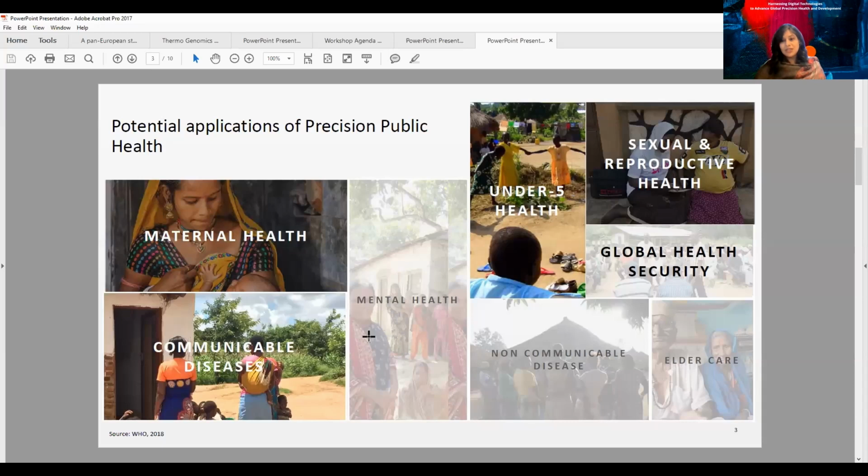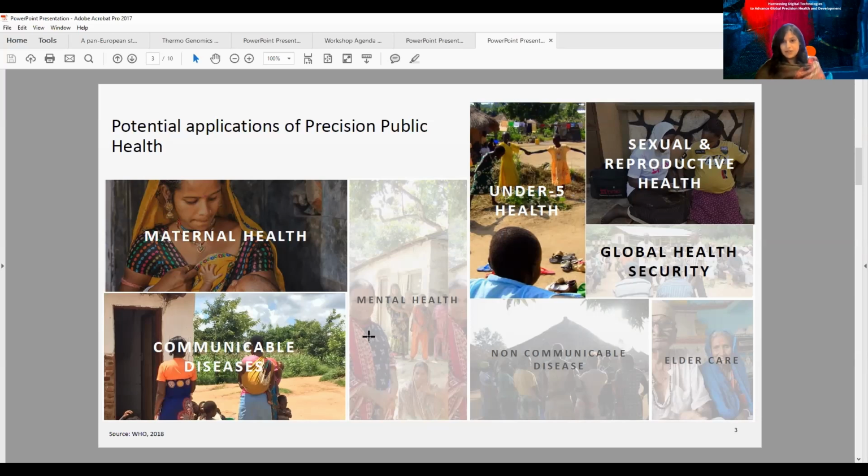So how does one ensure that delivery of health services is not only targeted, but also streamlined and personalized, if you will, towards specific communities and individuals? And how does one leverage technology for that purpose?